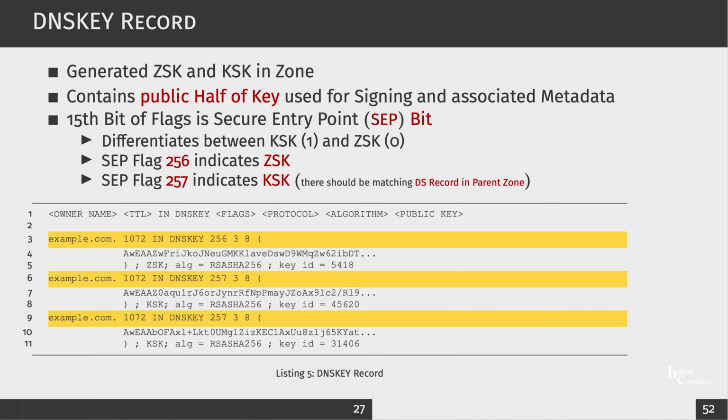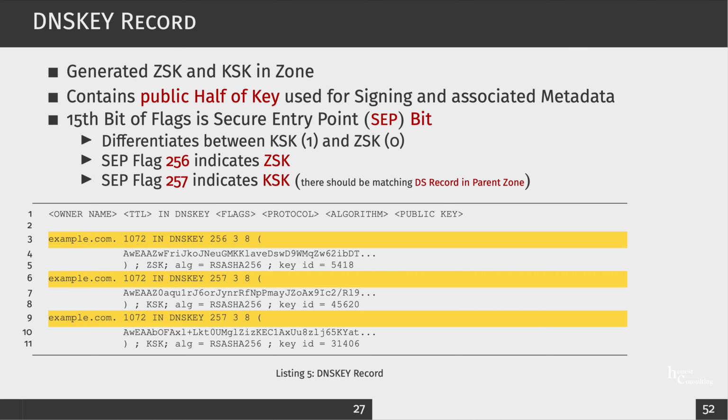represented in the parent zone as well, but we will discuss the relationship with the parent zone a little bit later. If we take a look at listing number 5, we can see that our DNS zone example.com has a couple of keys, or DNSKEY records. There is one in line number 3.